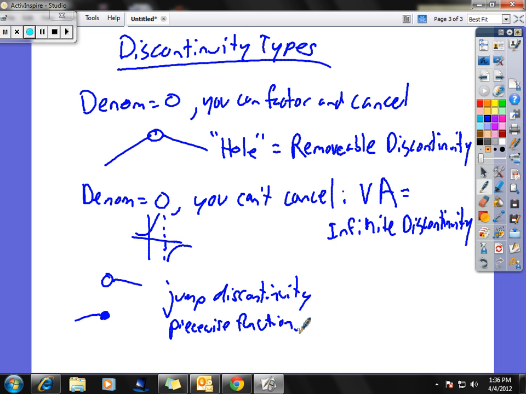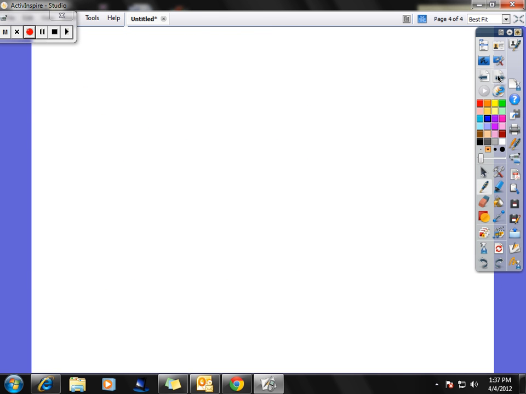Okay, so let's say, let me look at this assignment sheet here. Let's say we have the function f of x equals x squared minus 9 over x minus 3.